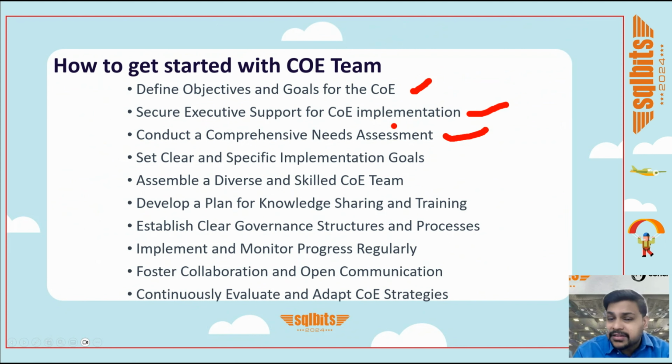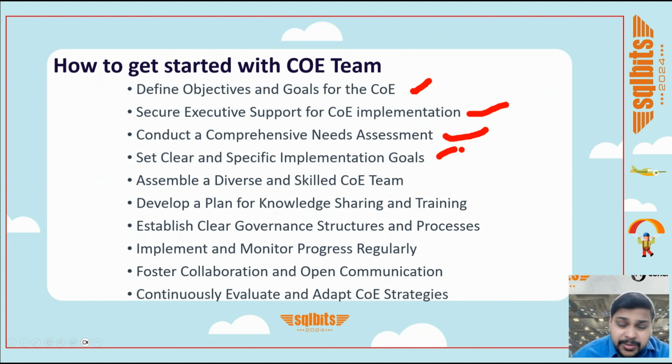Have that set of 10 questions for all the departments that are trying to get in. Now you have that baseline assessment, right? And do the same assessment after 2 months, 1 month, or whenever you feel your customer has grown with you in the technology. Then you know what is the next step that your department or that specific team needs to perform. So assessment is key when it comes to setting up and getting started with the COE team.